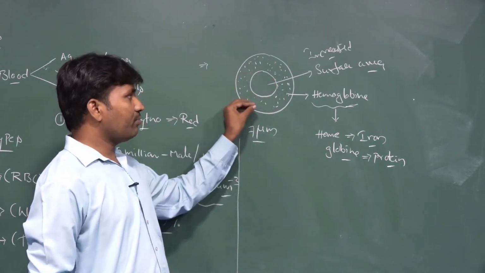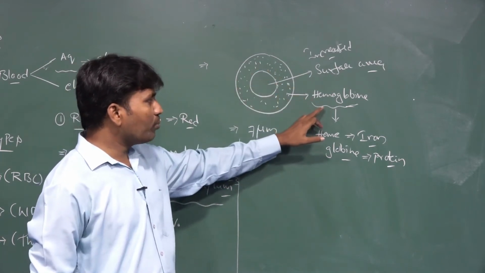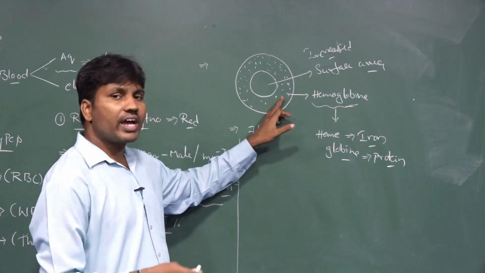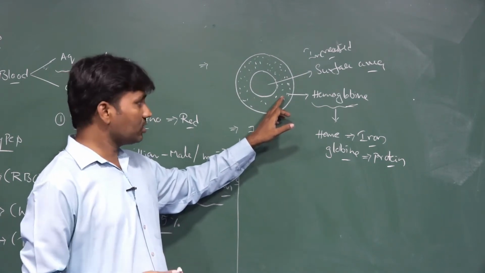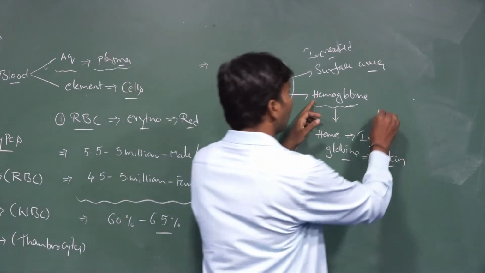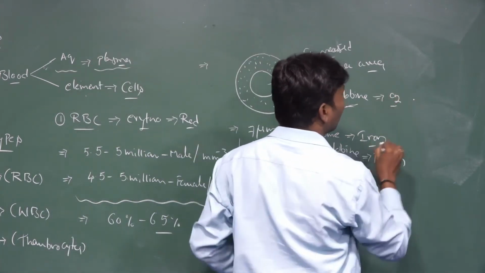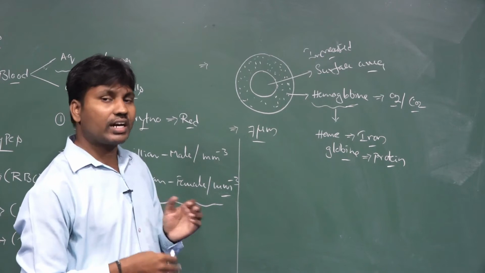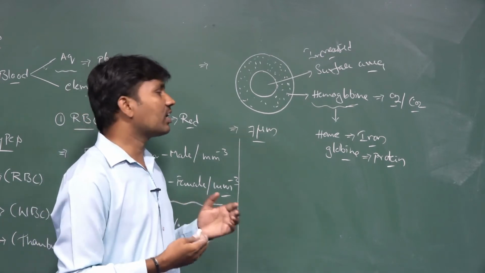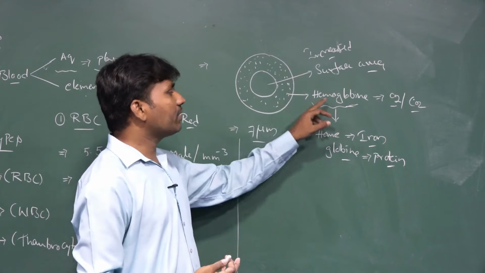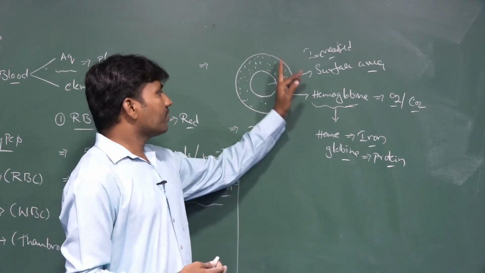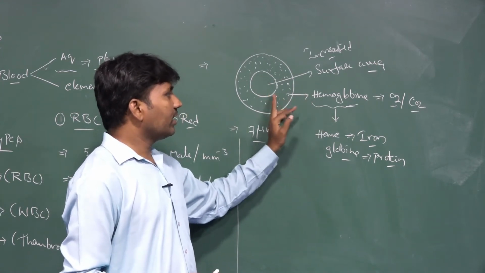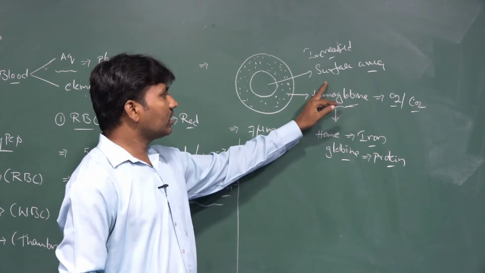Why do they become absent? So that more hemoglobin can be presented, and the cells carry more oxygen, because hemoglobin binds with oxygen and carbon dioxide. That means exchanging and transportation of the gases is conducted by the hemoglobin.